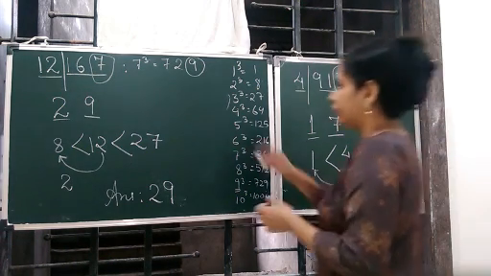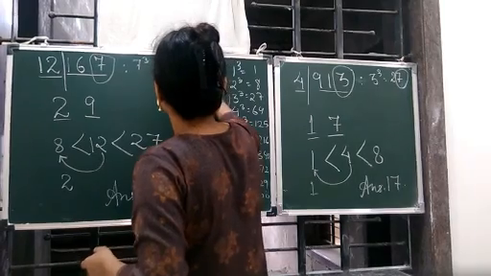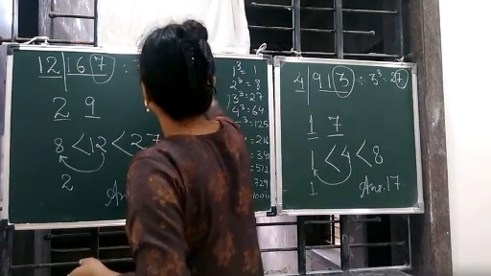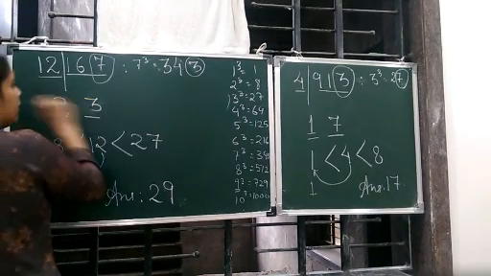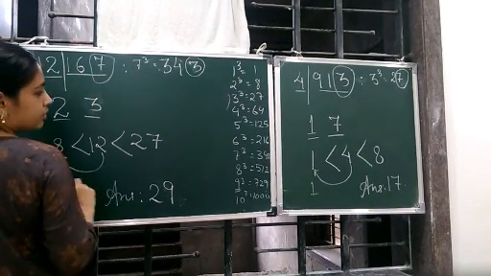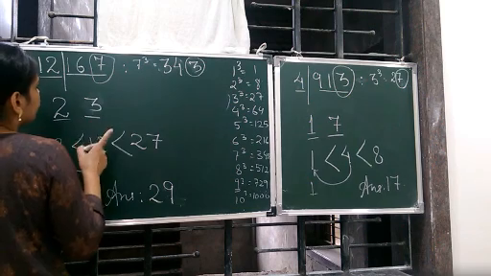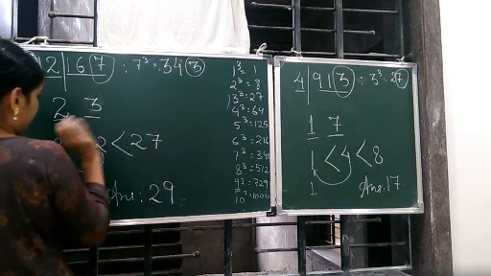7 cube is 343. 3 will come here. 7 cube is 343. So 3 will come here. Rest is correct.